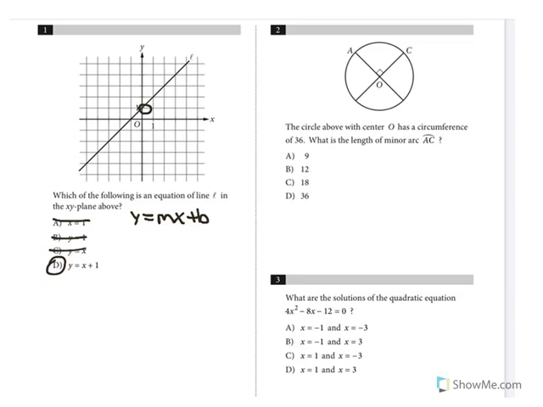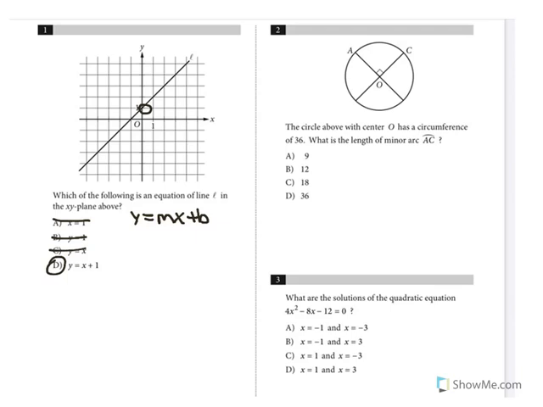The circle above with center O has a circumference of 36. What is the length of minor arc AC? Okay, so each of these angles, we see that they go through the diameter, or they are the diameter, they go through the center. The fact that they are central angles is very important because there's a ratio between the angle measurement here and the arc length here.